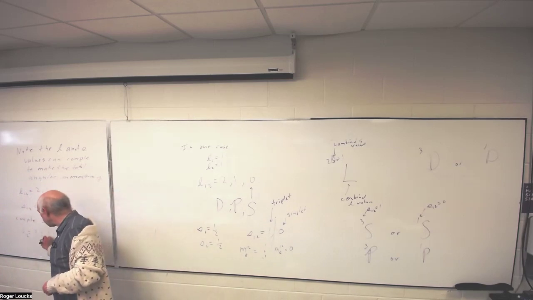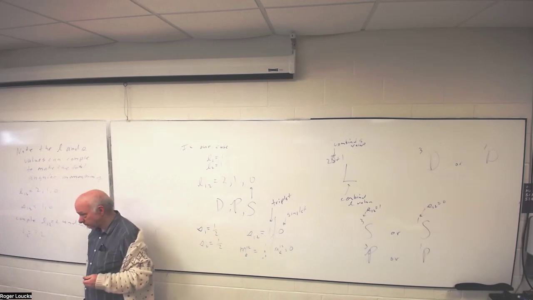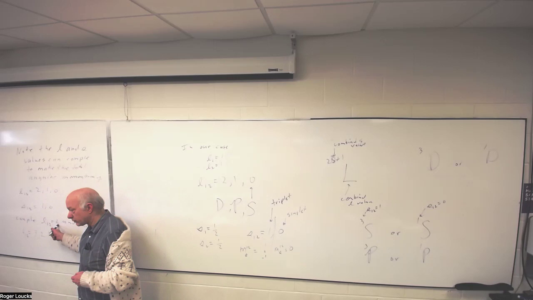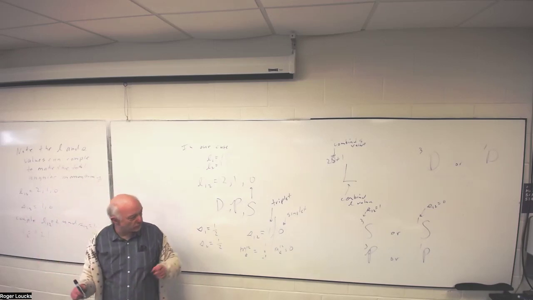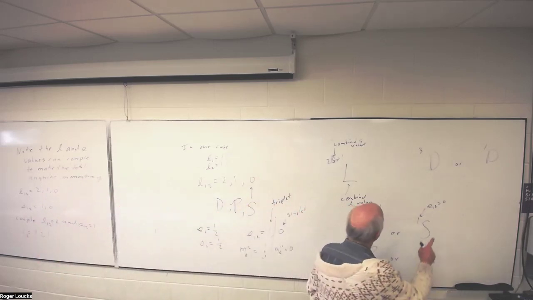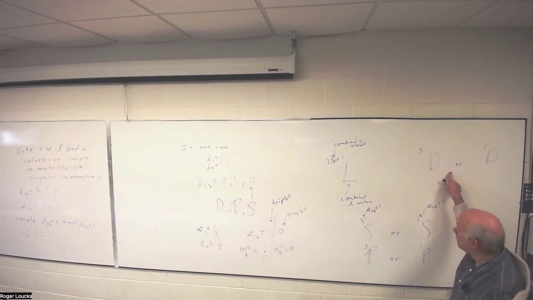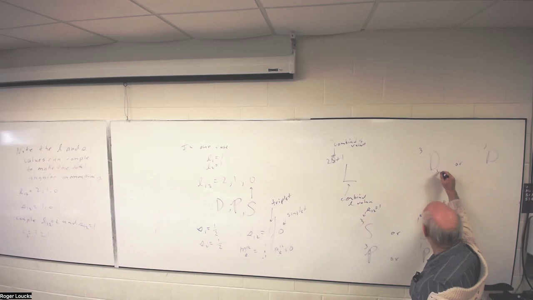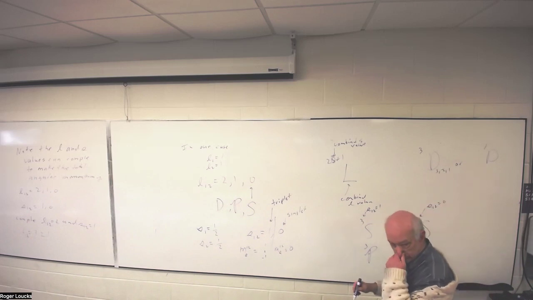You can have 1 in there like this. Okay. These are the J values. Now this is for the L equals 2 state. You put the J values down here. So in this case, this could be in a 3 state, a 2 state, or a 1 state.